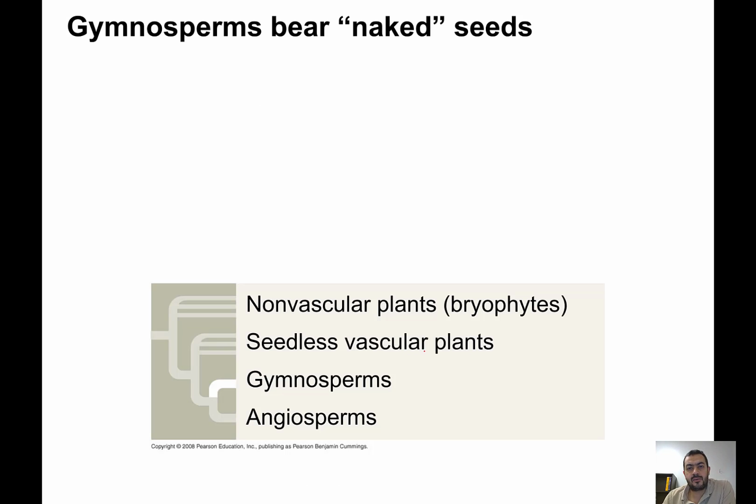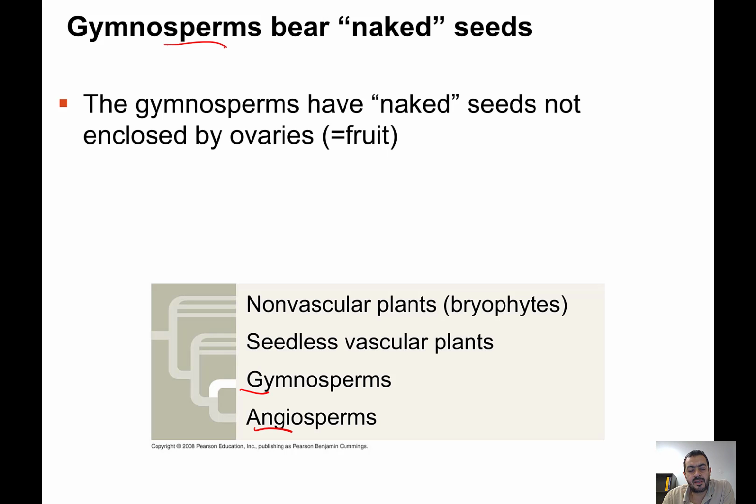So as we said, the seed plants can be divided into two major groups, the Gymnosperms and the Angiosperms. The Gymnosperms are characterized by having naked seeds, and this is the major difference between Gymnosperms and Angiosperms. They are not enclosed by ovaries, which will give rise to fruit, as we will see in Angiosperms.